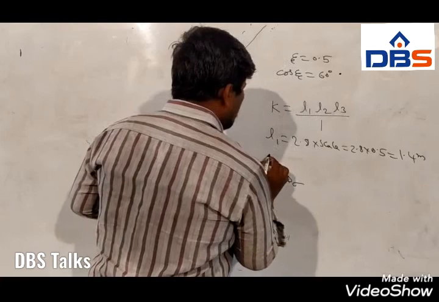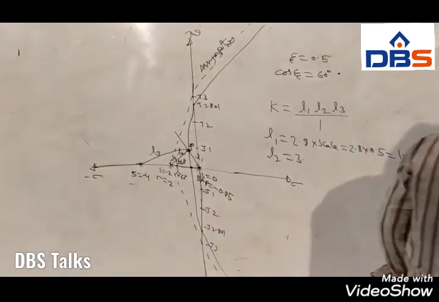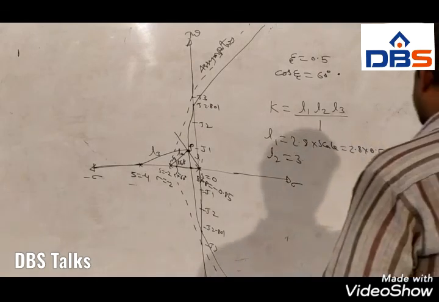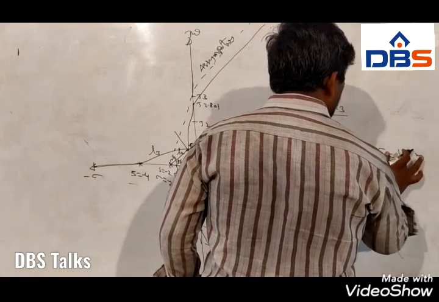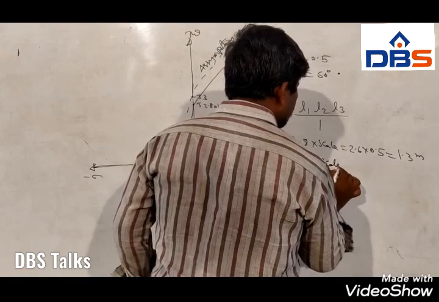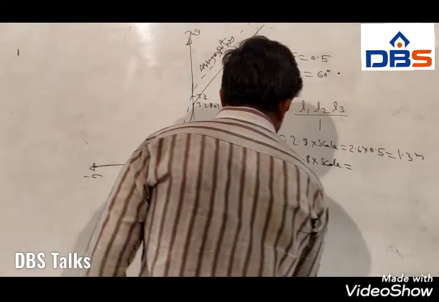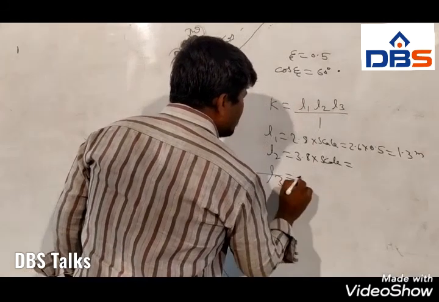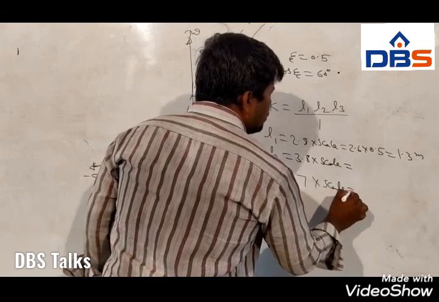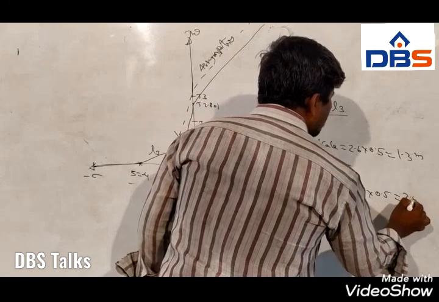This is 1.4 centimeters. And L2 is 2.6, that is 1.3. L3 is 7 centimeters, so 7 into the scale. The scale is 0.5, so 7 into 0.5 is 3.5.